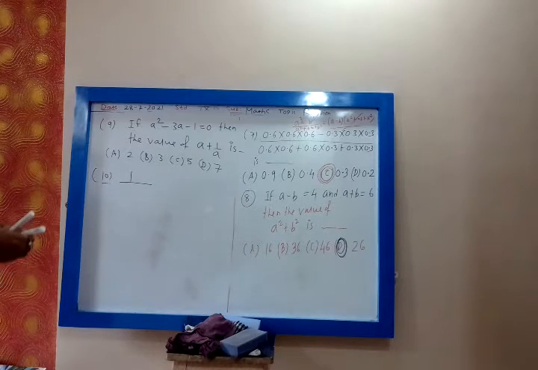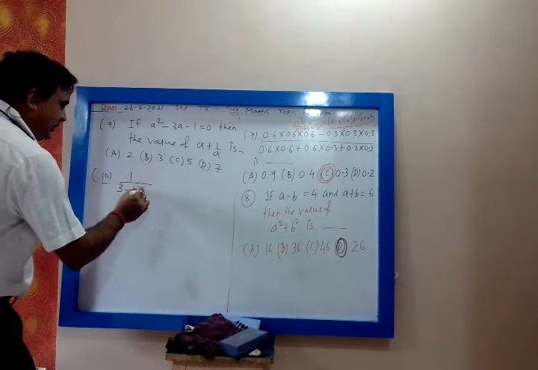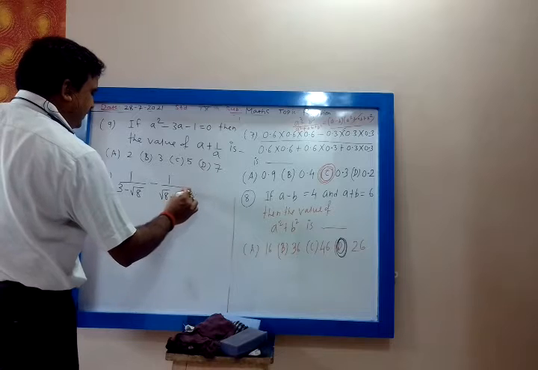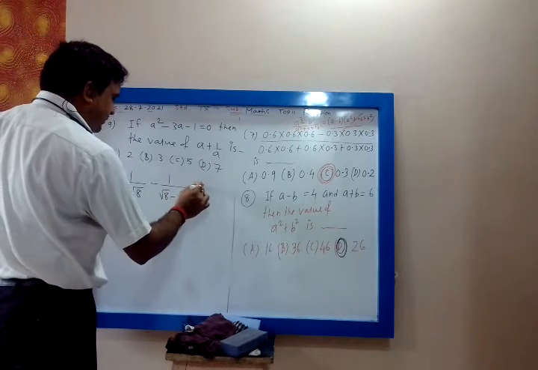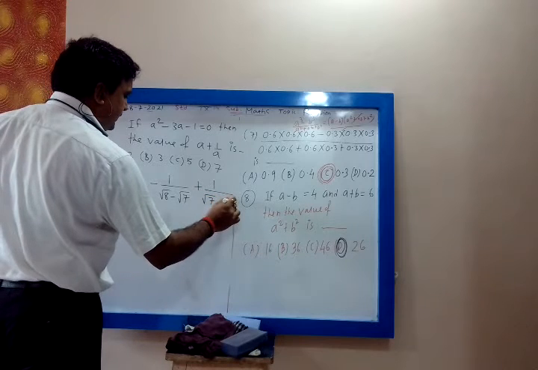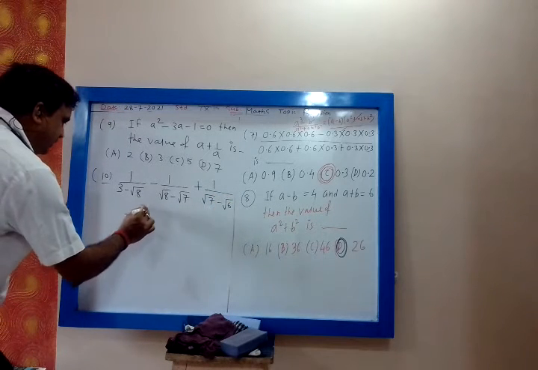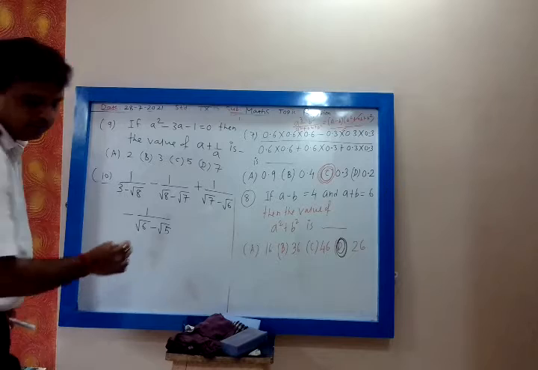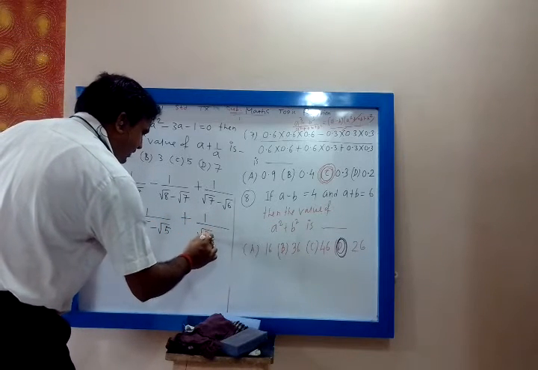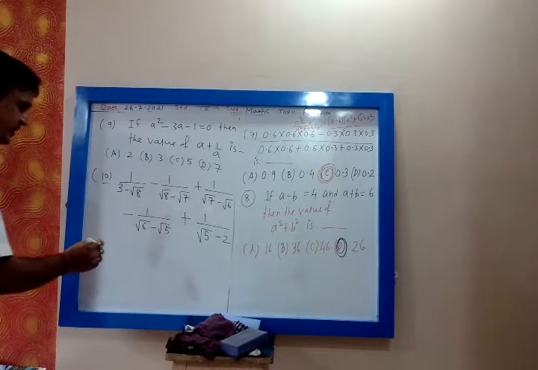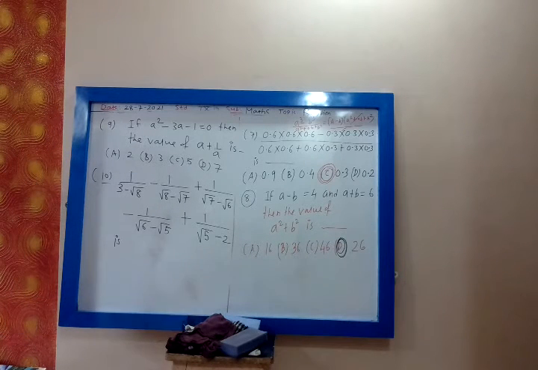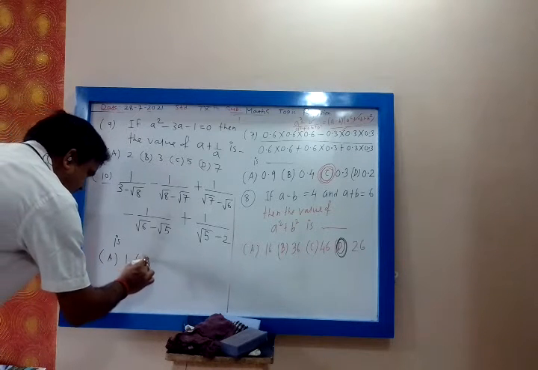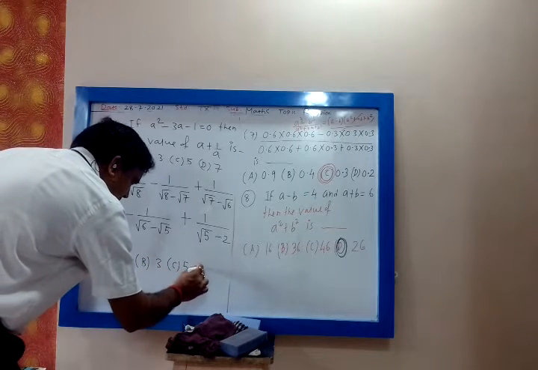Let us see other also. 1 upon 3 minus root 8, minus 1 upon root 8 minus root 7, then plus 1 upon root 7 minus root 6, minus 1 upon root 6 minus root 5, plus 1 upon root 5 minus 2 is, option A 1, B 3, C 5, D 7.